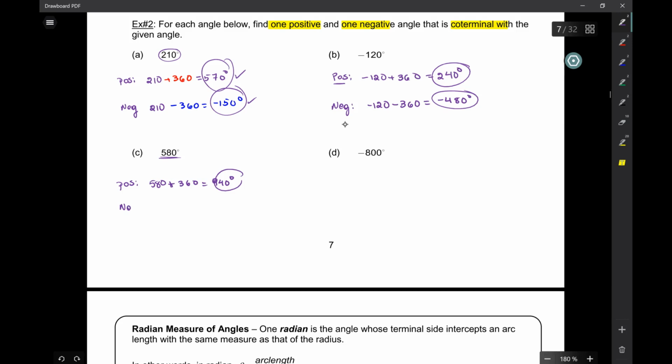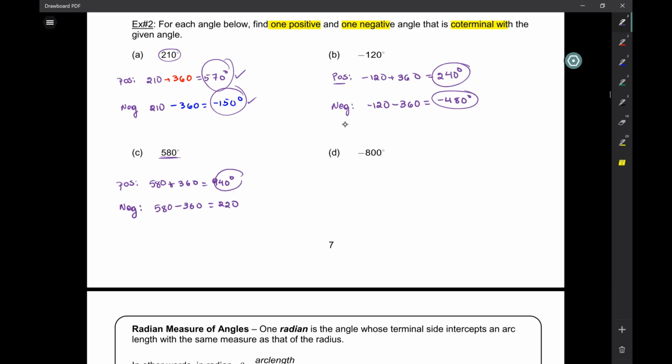Now, we're going to do the negative coterminal angle. Let's subtract 360. What does that give me? It gives me 220. But wait, is that a negative value? No, it's not. So that can't qualify as a negative coterminal angle. It's got to be a negative value.